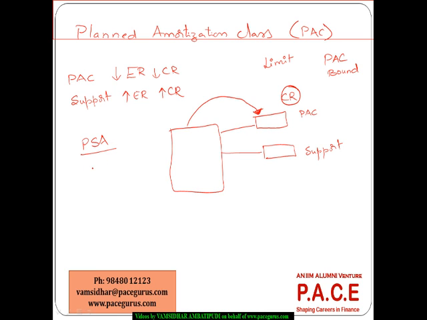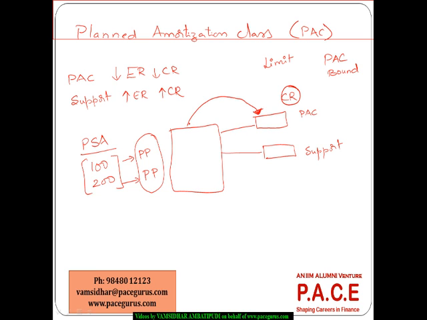So it can say the lower limit is 100, upper limit is 200. Based on this lower limit of 100 and this 200, the prepayment expected in the next month is computed.